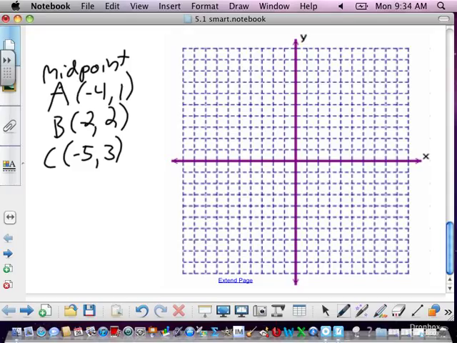Okay. A is -4, 1. Okay. We've got B is -2, 2. Okay. And C is -5, 3. All right.